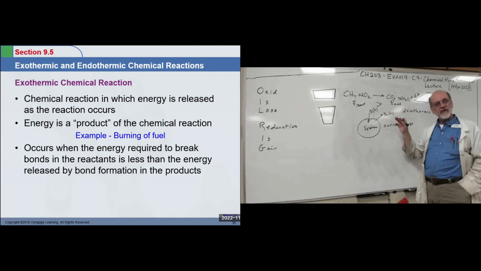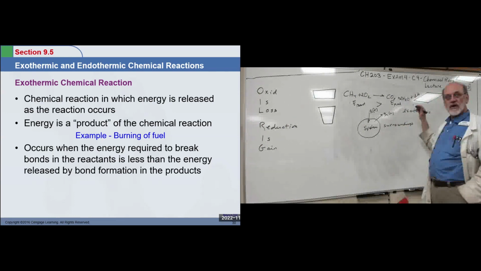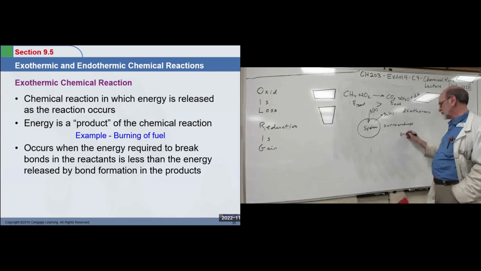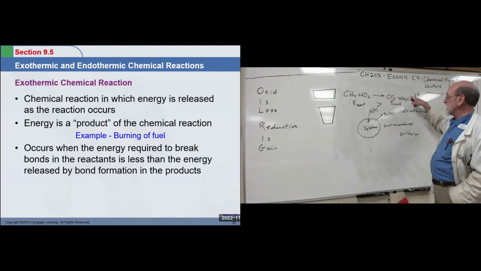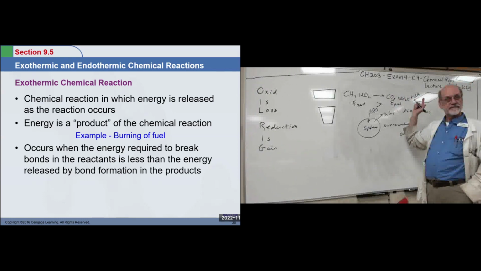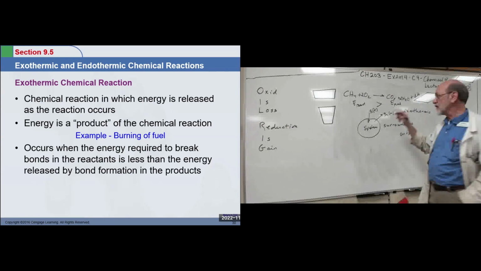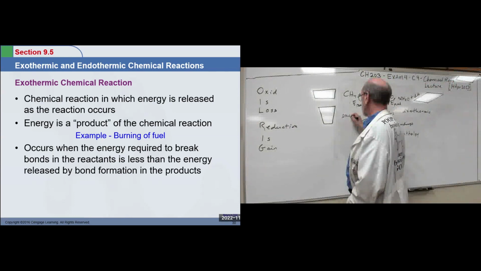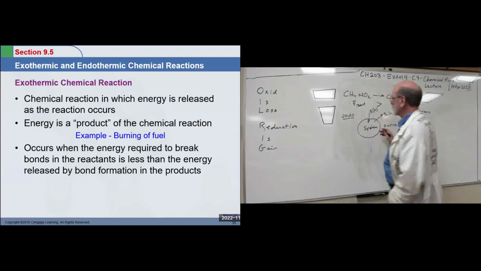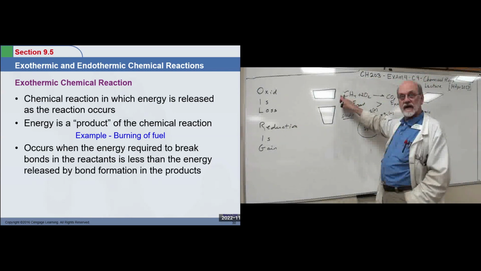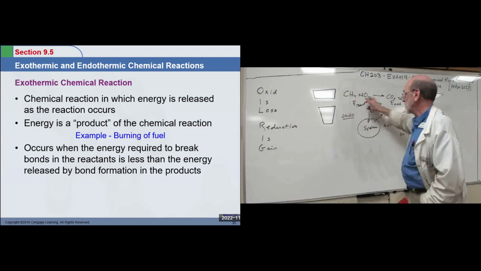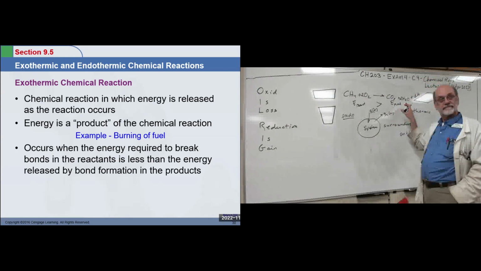For an exothermic reaction, that delta H is called enthalpy. The heat shows up as a product. Whereas if it's an endothermic reaction, then the heat would show up over here and be added into whatever the products are.